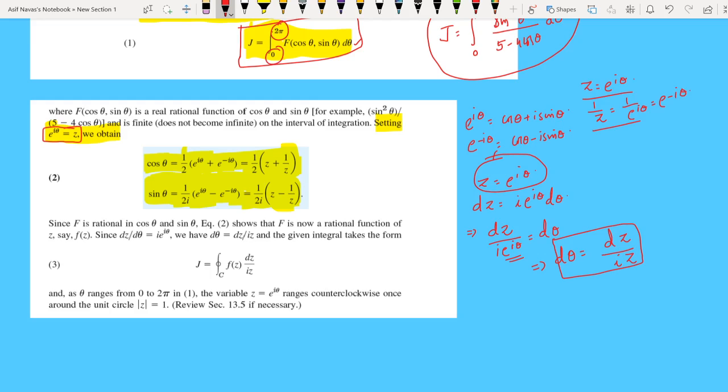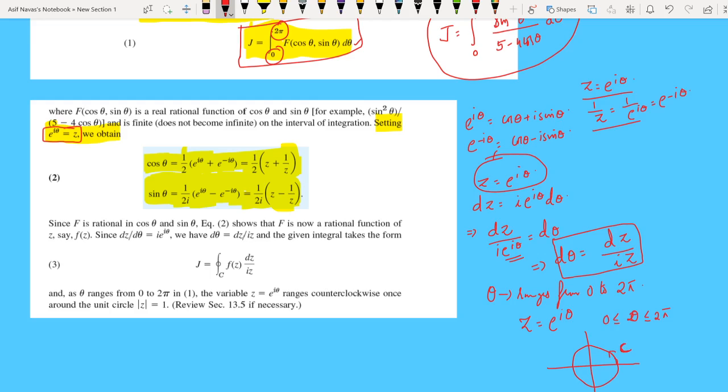If theta ranges from 0 to 2 pi, then z equal to e power i theta traces a unit circle.